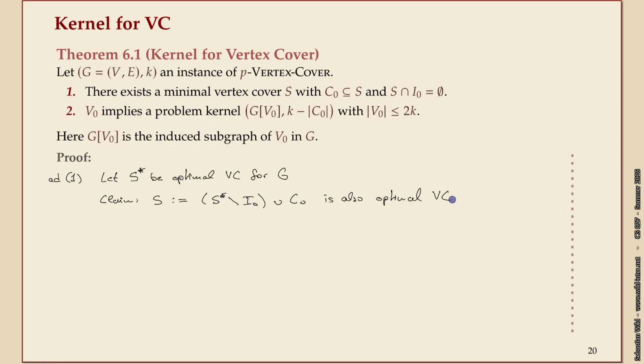And that claim has two parts, right? It needs to be a vertex cover and it needs to be optimal size. But let's rewrite this first. We can essentially rewrite this as this, where now Si is all the elements that are really in S star.